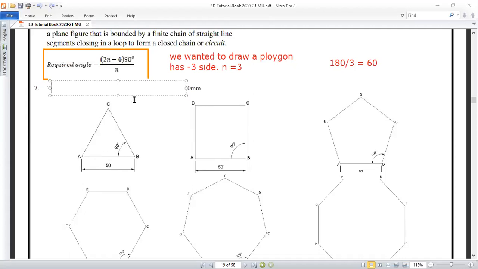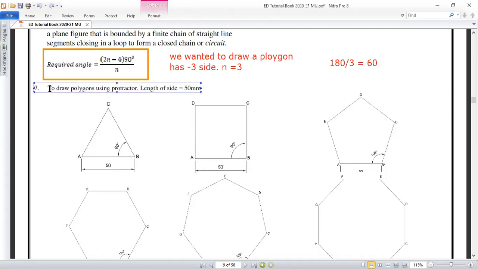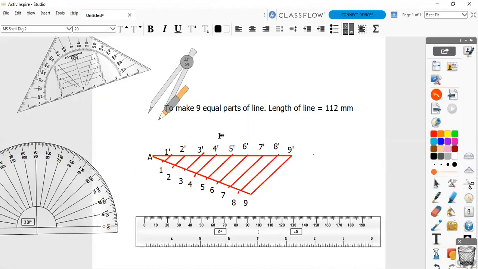Here is the definition to draw a polygon using a protector, and length is equal to how much? 50 mm. So let us try to complete this part by using this software.